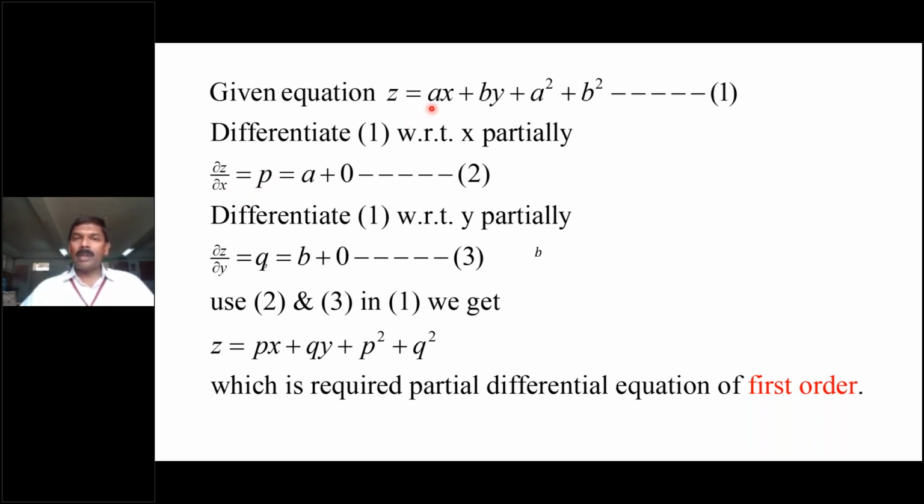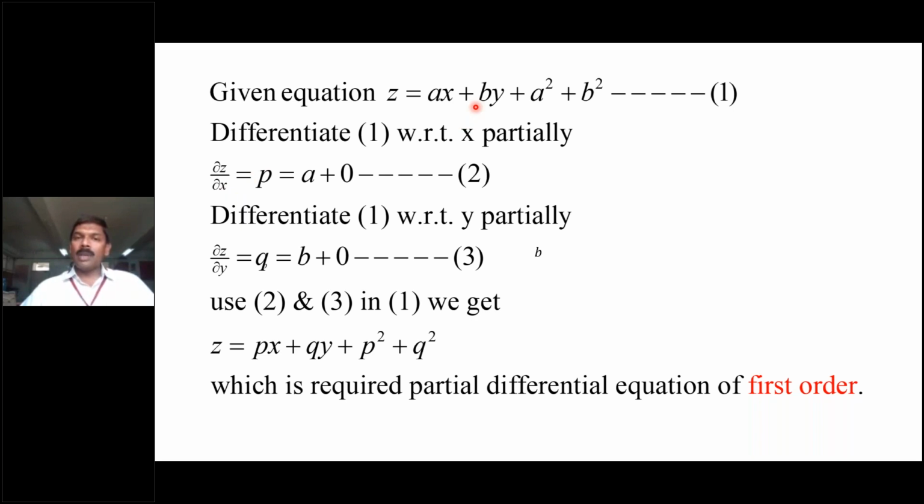Right side, when we differentiate each term, first term a into x, when you differentiate a into x partially with x, a is constant, that remains. Derivative of x with x is 1. So what we get is ax will reduce to a after differentiating partially with x. Then second term, here b is constant, and remember, while doing partial differentiation with x, we have to keep y as a constant.